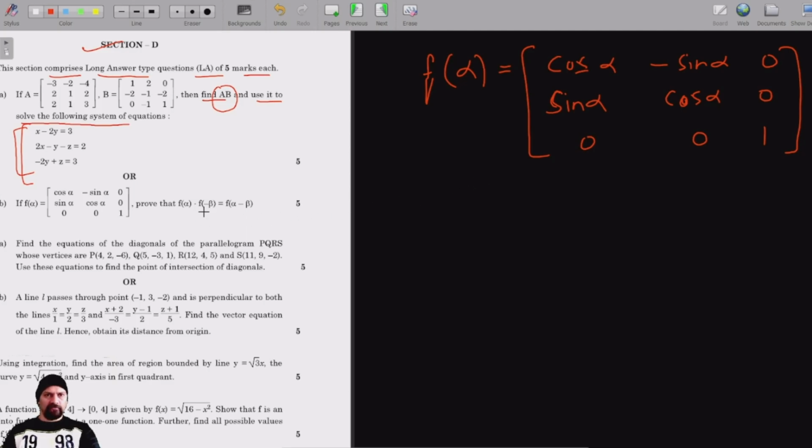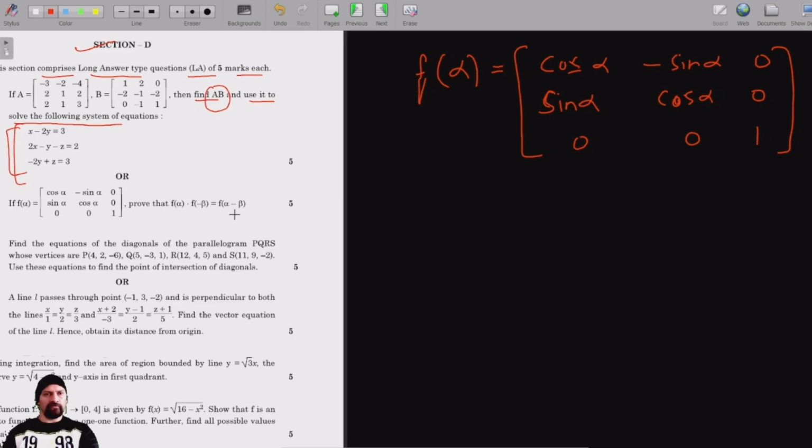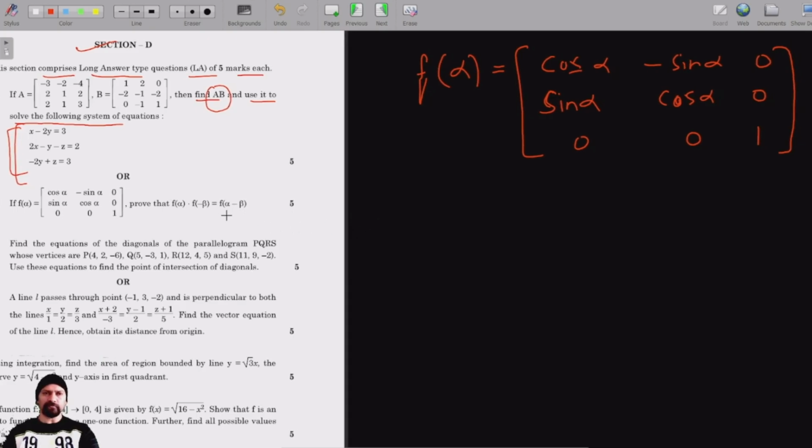Okay, we have to prove that f alpha into function of beta is equal to f of alpha minus beta. So let's first find out f of alpha minus beta. We have to replace alpha with alpha minus beta. This is our RHS.